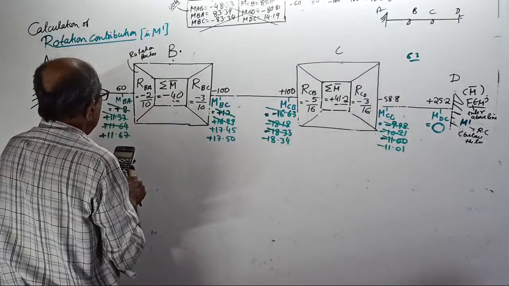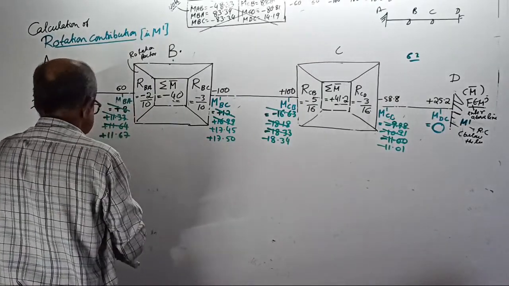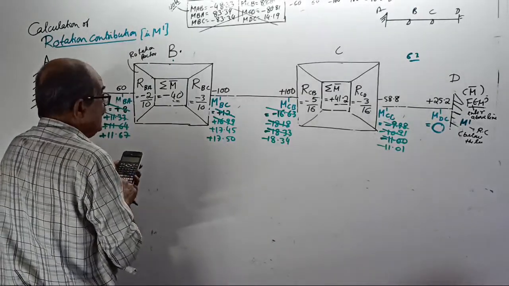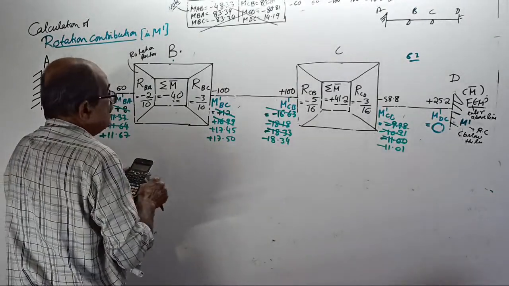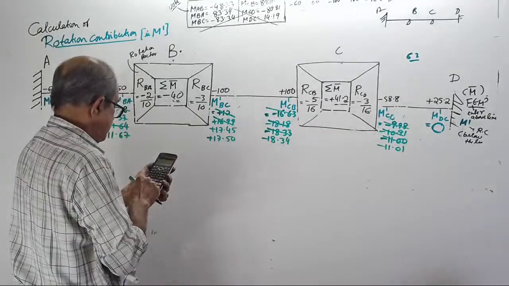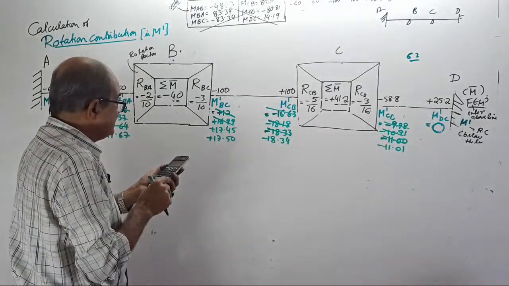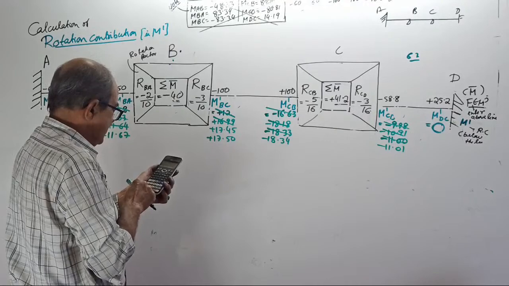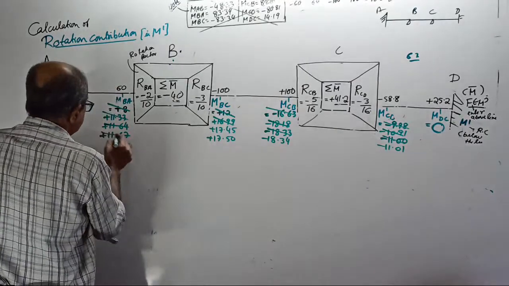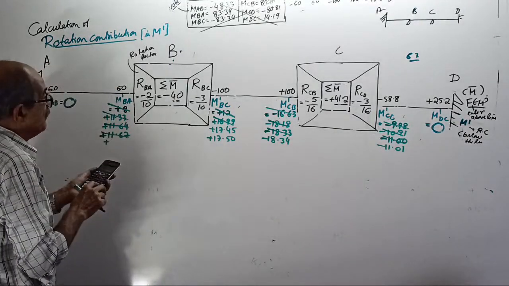Minus 40 plus 0 plus minus 18.34. See, small change. When I write the second decimal, the answer is minus plus. You can calculate some problem.